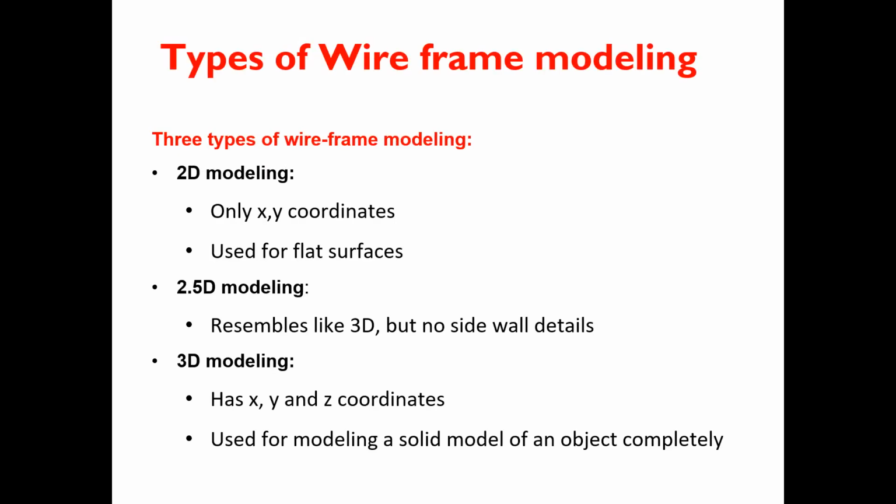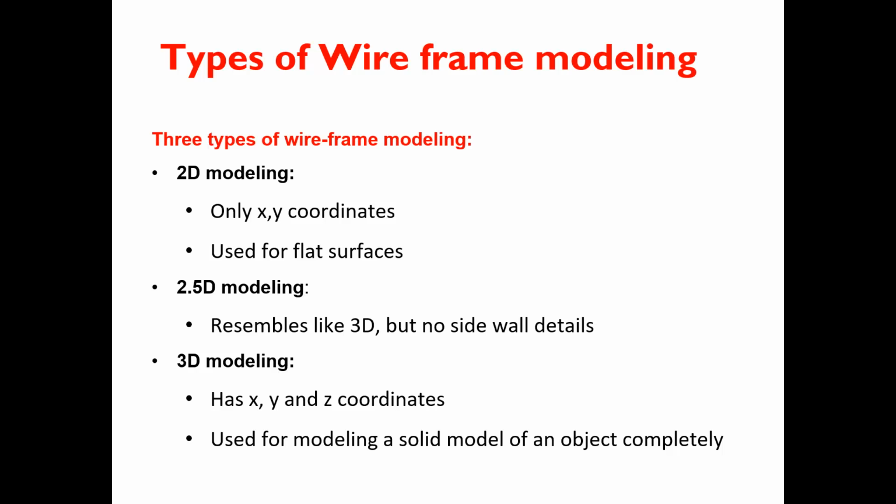One of the disadvantages of wireframe modeling that we also discussed is that for very complicated objects it is very difficult to differentiate the shape because it is very confusing. Let us go through the three different types of wireframe modeling, that is 2D modeling, 2.5D modeling and 3D modeling.